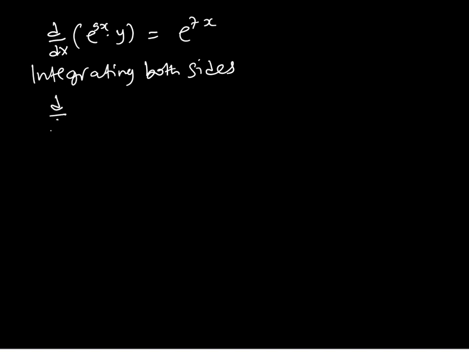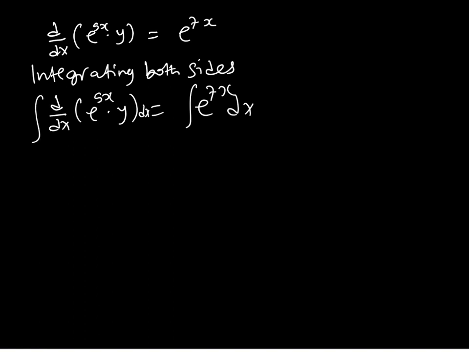We get d by dx of e to the 5x times y will be equal to e to the 7x, but we want to integrate both sides with respect to x.